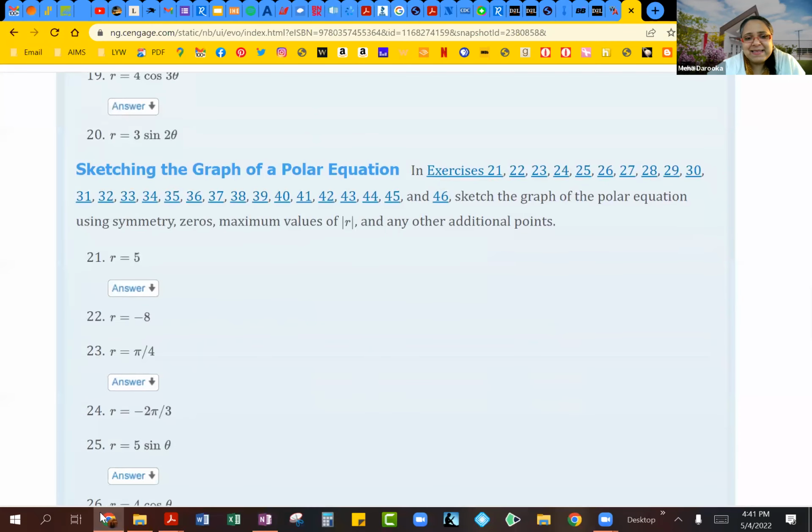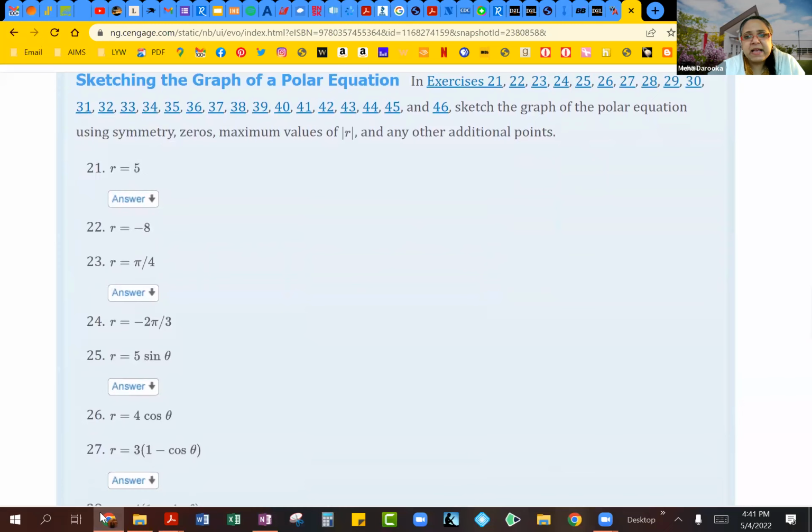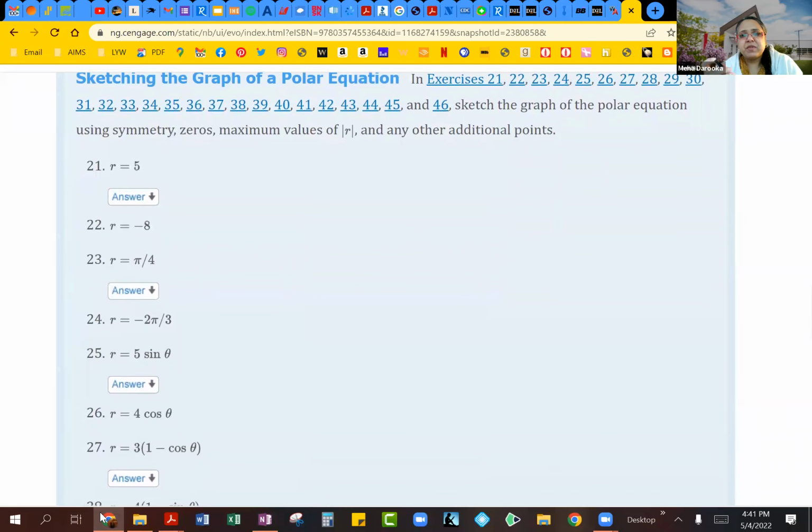Now for the next example, let's look at graphing one of these basic examples. They're talking about here, sketch the graph using symmetry, zeros, maximum values, and any other additional points. So we'll start with a basic example here, number 26, which is R equals 4 times cosine theta.